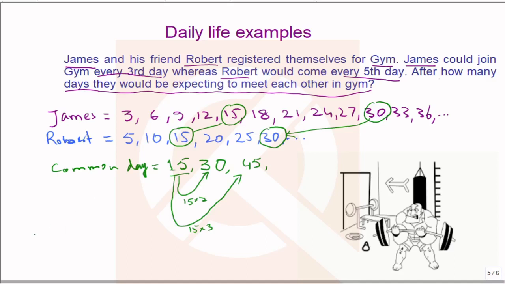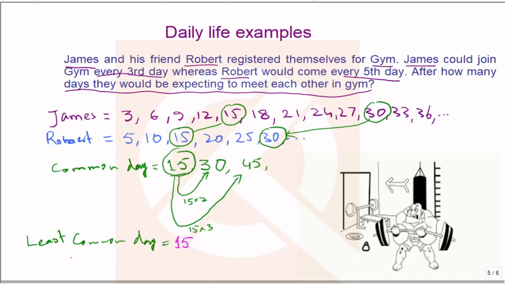So now we can say that the least common day is 15. So we could say that this is the 15th day.